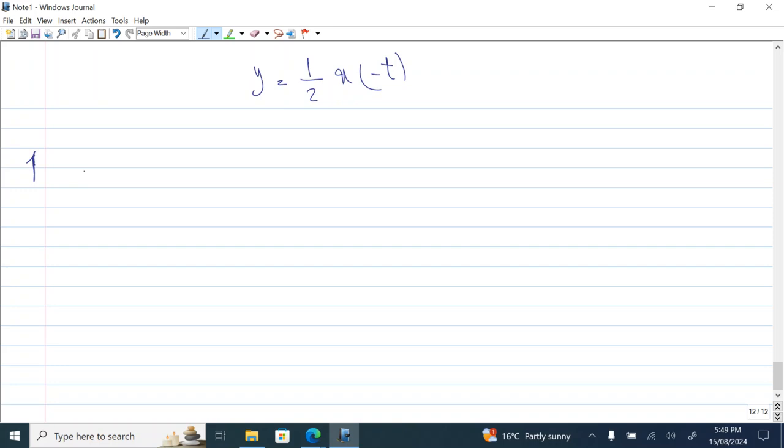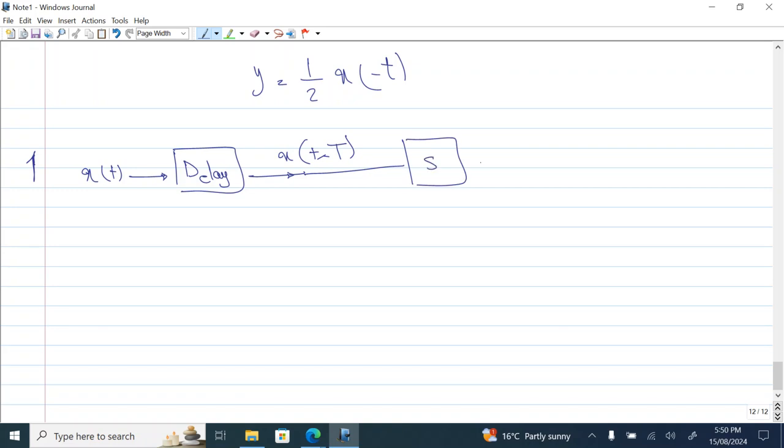So if my x of t is the input, and I delay it, what will be the output? x of t minus T. And then I send this into my system.